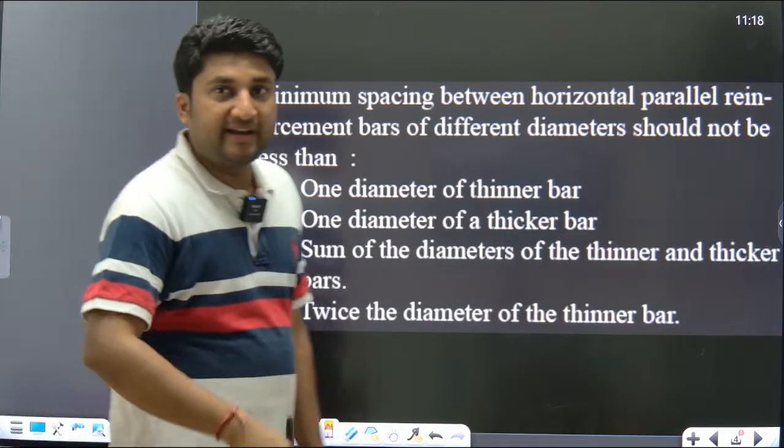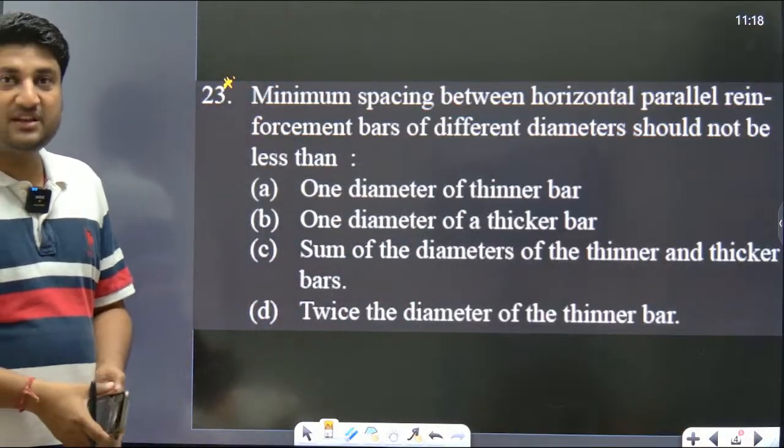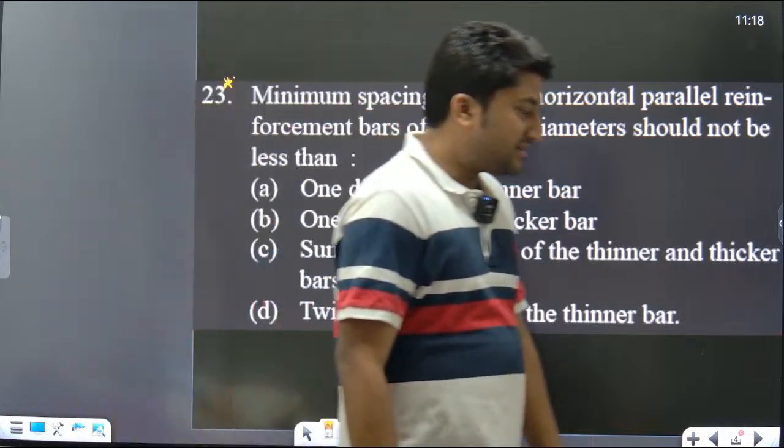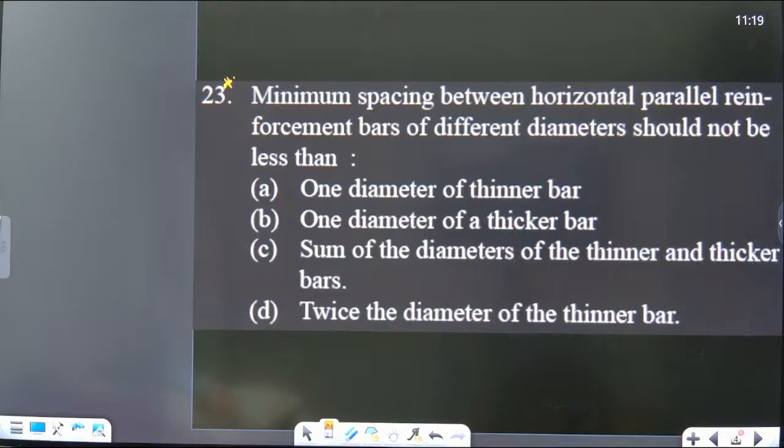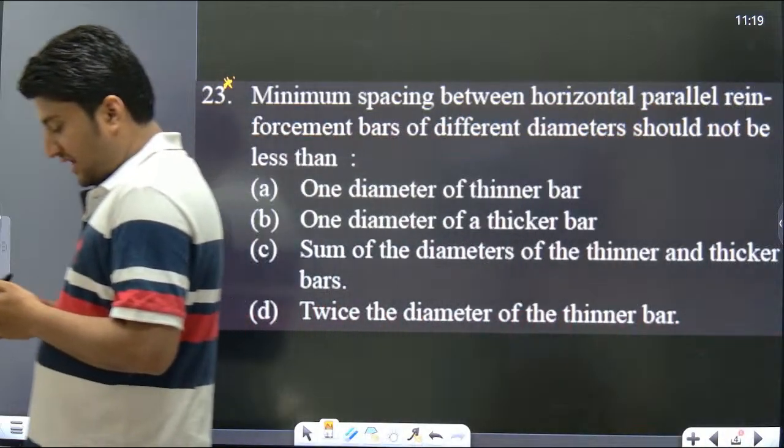Now remember this, there are two data: the minimum spacing between horizontal bars as well as the minimum spacing in the vertical reinforcement, vertical bars. Answer this question.